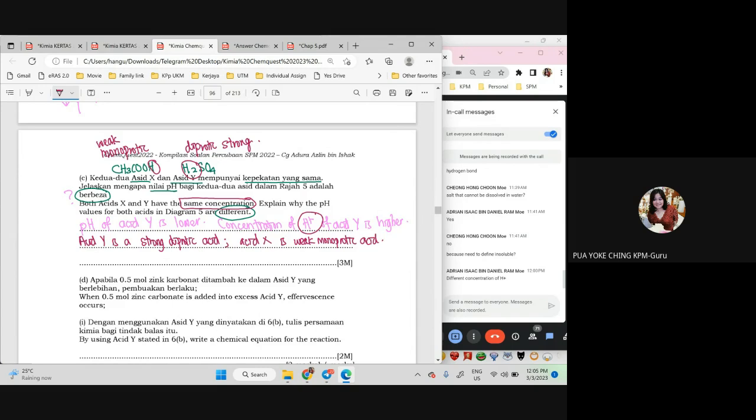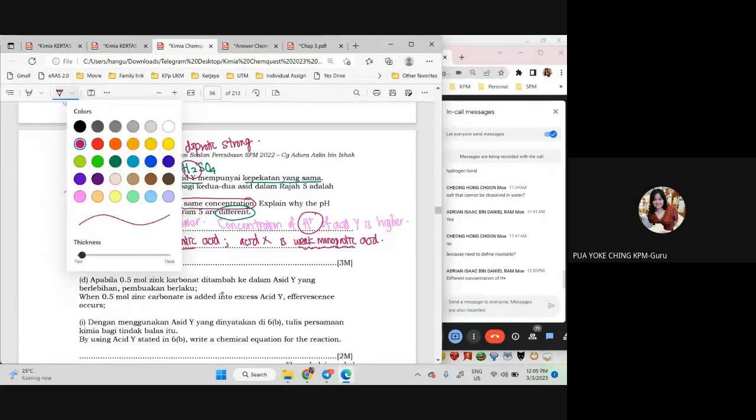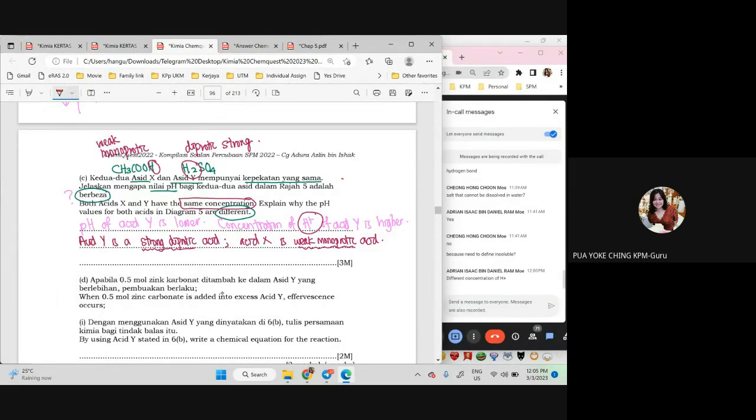For me, I don't accept until you write strong acid or diprotic acid only. You need to explain what is strong diprotic, what is weak diprotic. But for these questions, mono and di, it not necessary lah. Okay, but if you want to mention all, it also can.